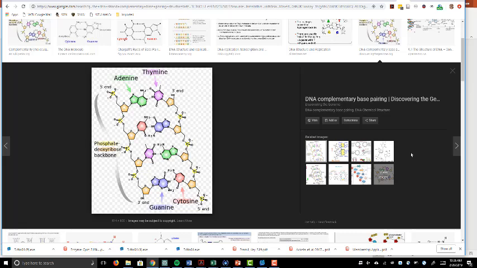Just put the sugars upside down. And it's going to come up with practicing drawing it out. But honestly, what I'll do is I'll write in the bases and then draw it. Honestly, that's how I feel it.